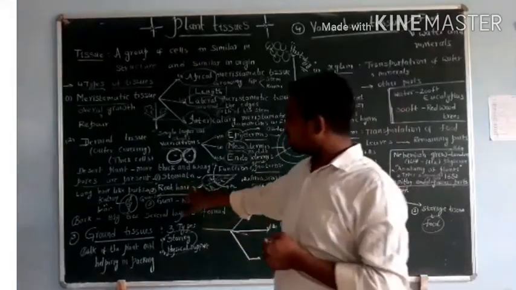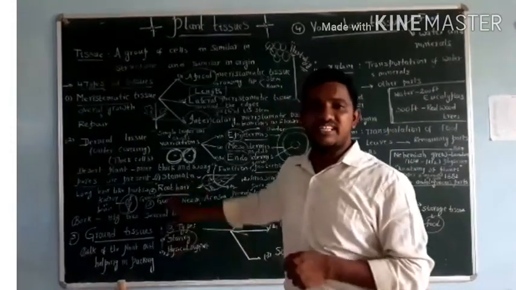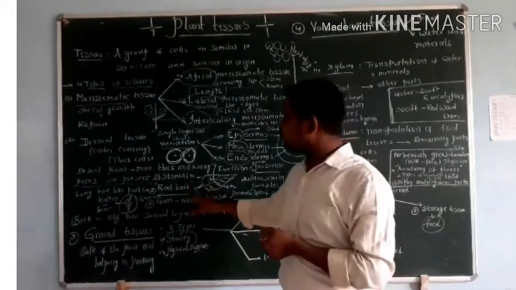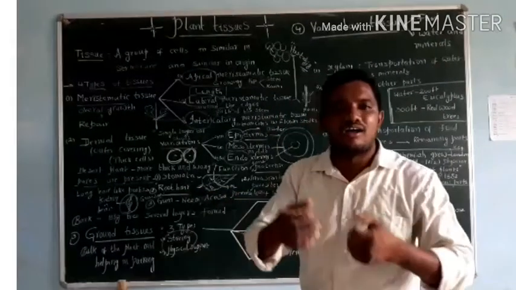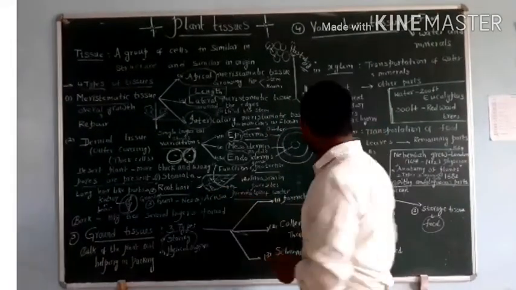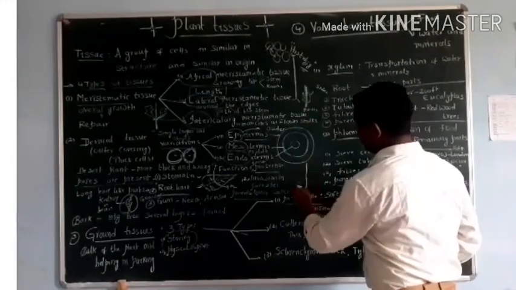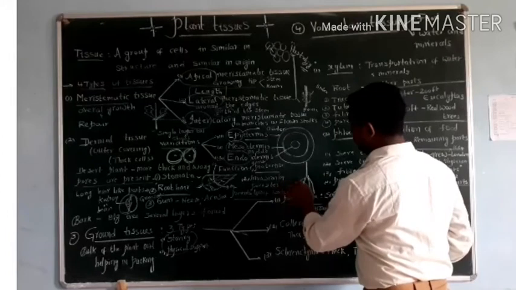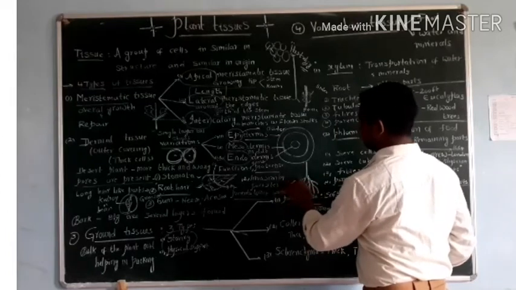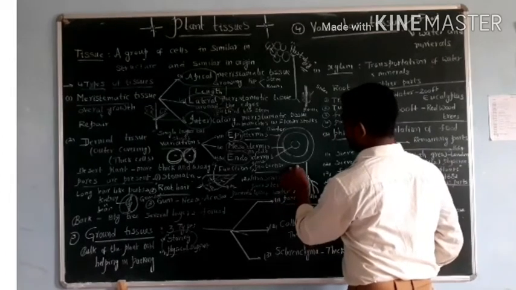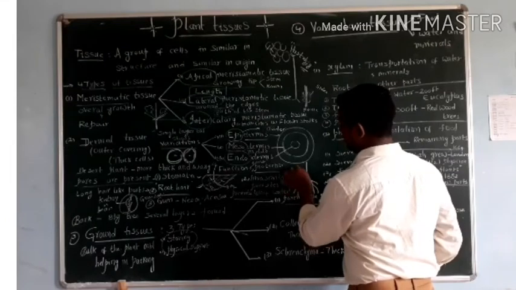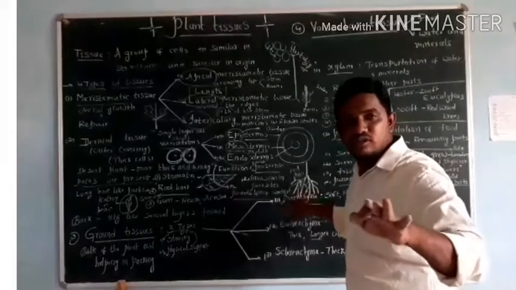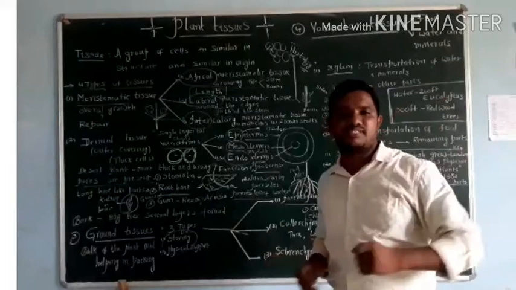So stomata is one of the dermal tissues. Second one, root hair. Long hair-like structures are called root hair. For example, take the root. On the root, long hair-like structures are present.